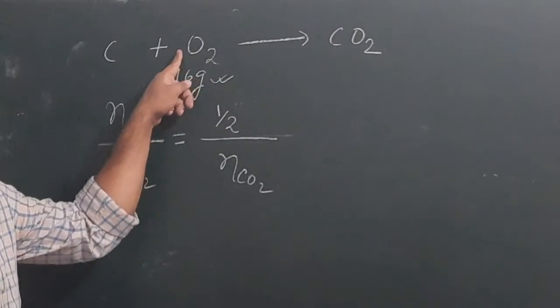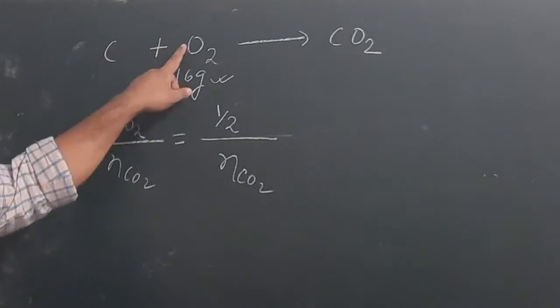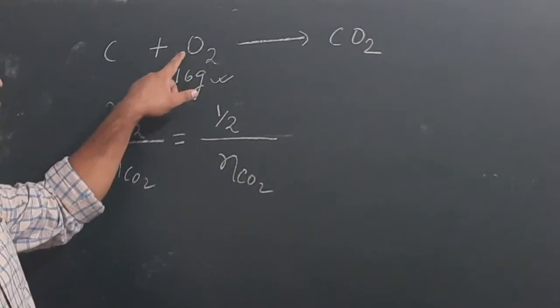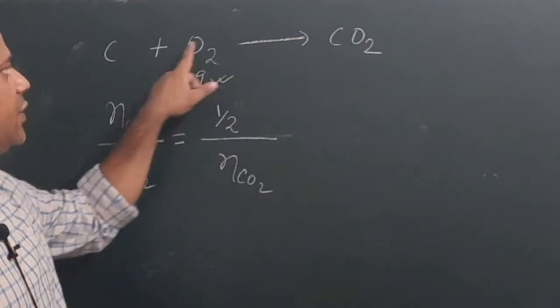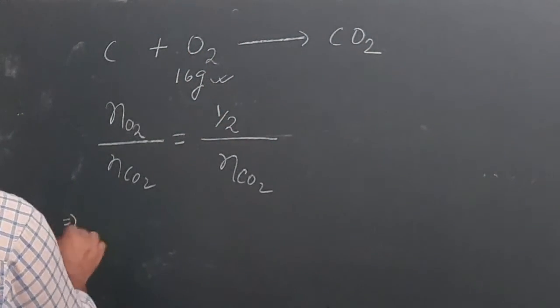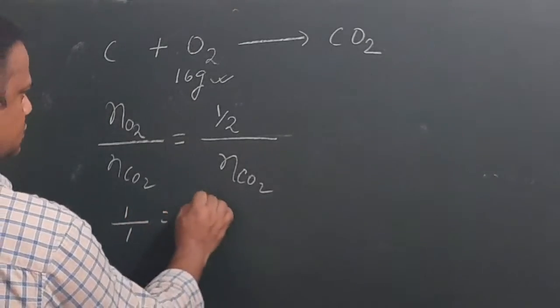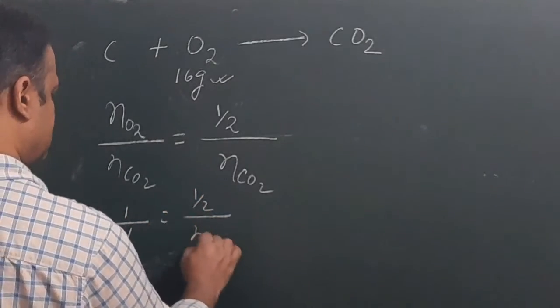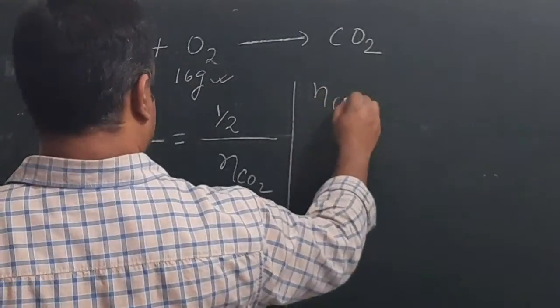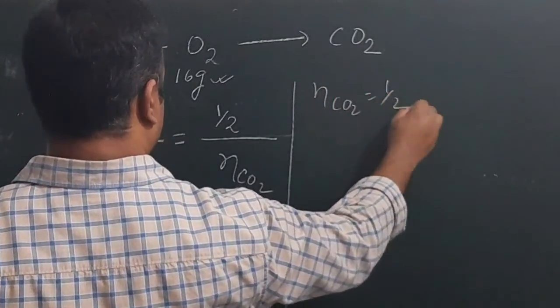You can see 1 mole of carbon reacts with 1 mole of oxygen, producing 1 mole of carbon dioxide. So the molar ratio of O2 and CO2 in the balanced chemical equation is 1:1. So here we'll write 1/1 equals 1/2 over nCO2, and so from here nCO2 will be equal to 1/2.